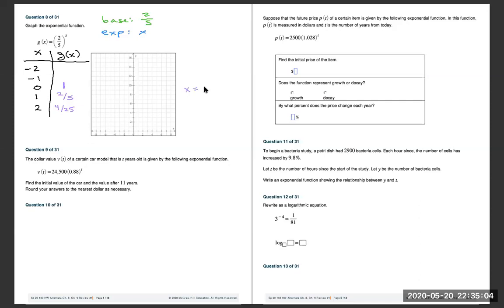When x is equal to -1, g of -1 is equal to the quantity 2/5 to the negative first power. So flip, 5/2 to the first power, just 5/2.